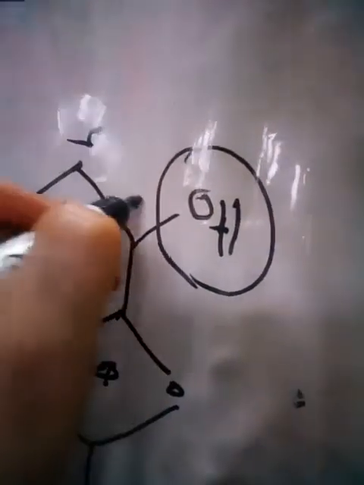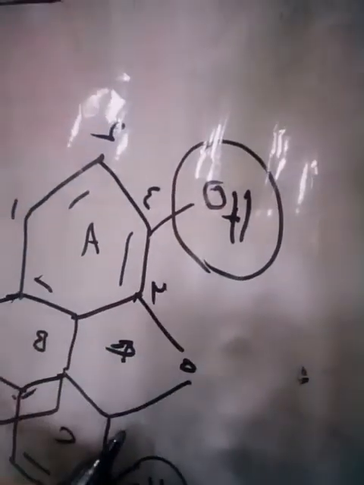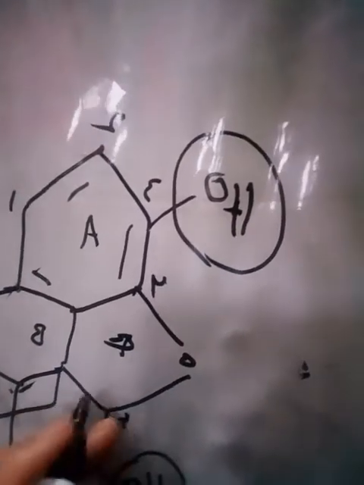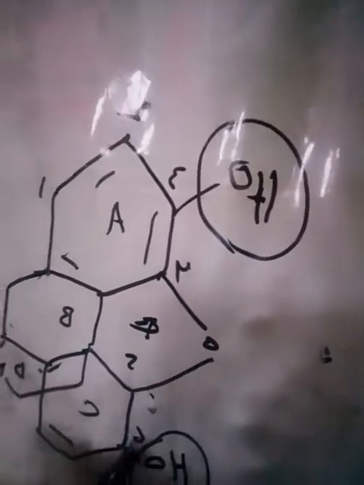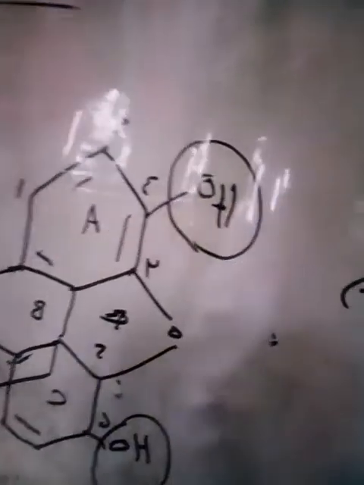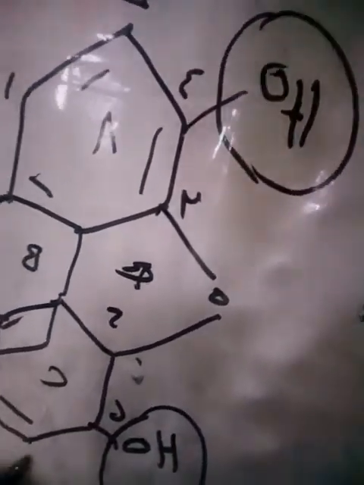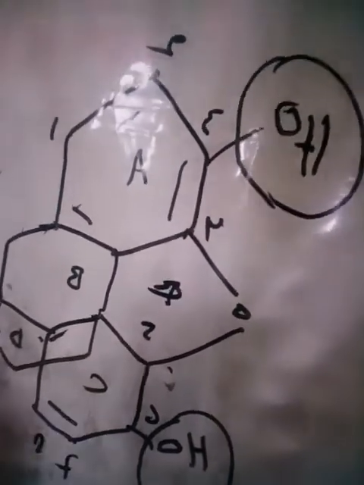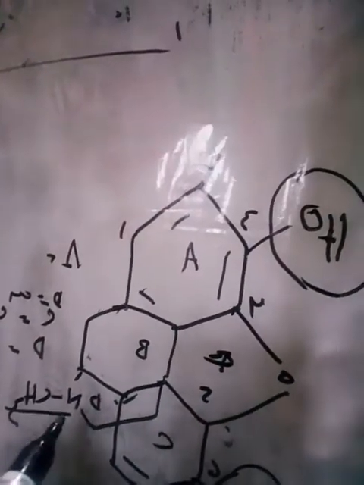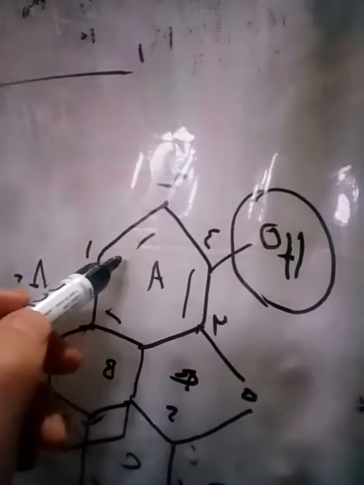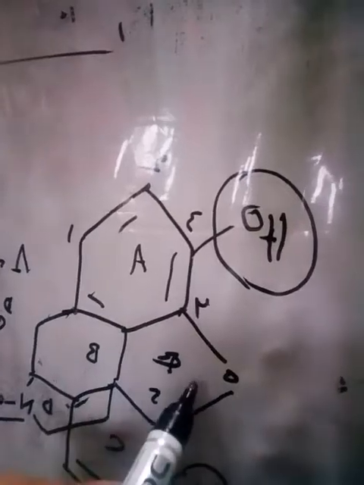If you see the numbering, we can number here: 1, 2, 3, 4, 5, 6. This is the 6-hydroxy group. It will depend upon the 7,8 double bond, on the N-methyl group on the nitrogen, on the aromatic ring, and also the ether link.